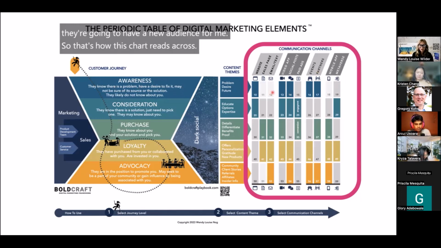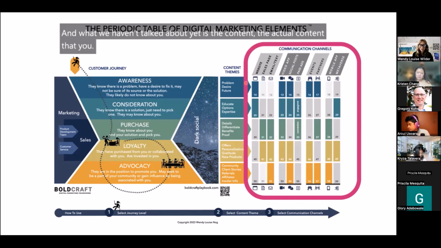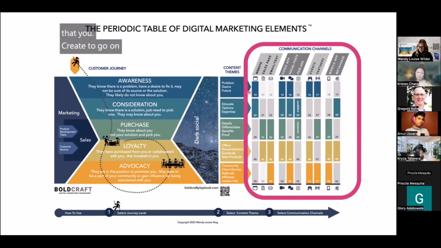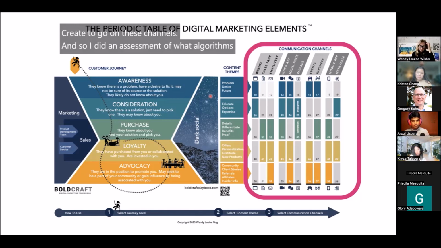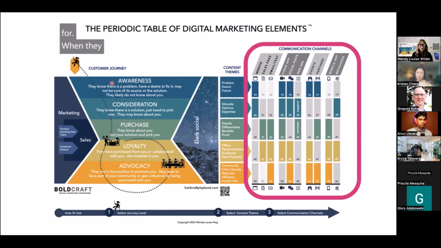And what we haven't talked about yet is the content, the actual content that you create to go on these channels. And so I did an assessment of what algorithms are going to be looking for when they are trying to match up your content with people on these different levels.